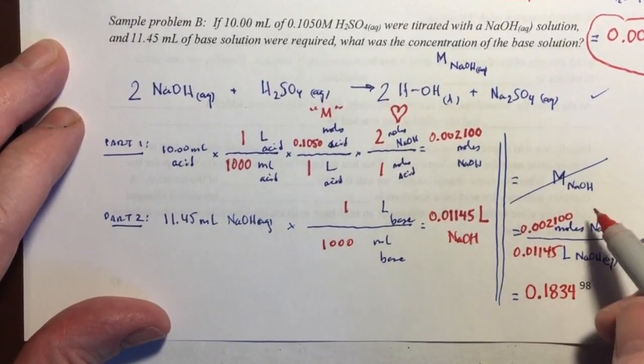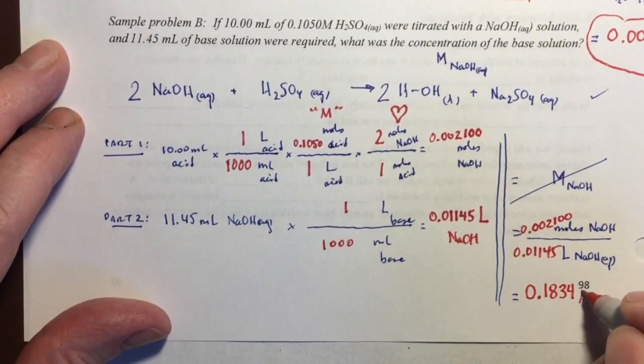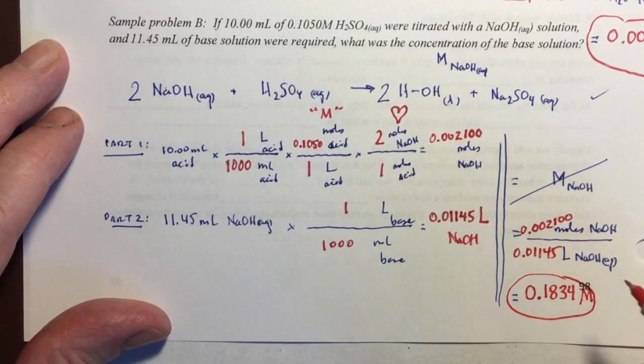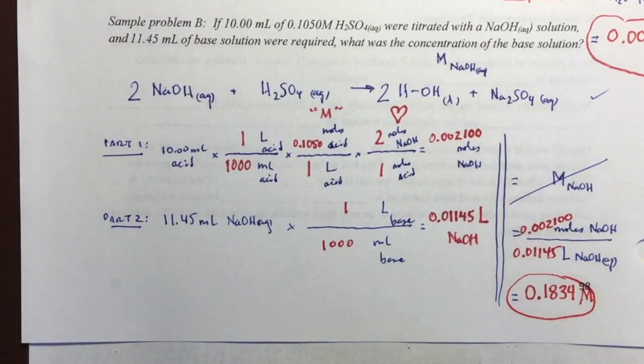And the units of measurement are moles per liter or capital M for molarity. So there's my answer, 0.1834 molar solution for the sodium hydroxide.